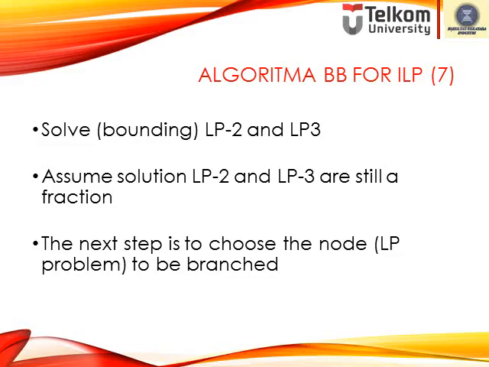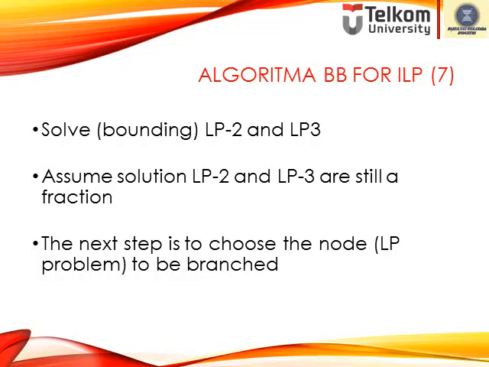Solve or bound LP2 and LP3, and then assume the solutions of LP2 and LP3 are still fractions. You still need to calculate, but if you find the number is already an integer, you can stop and finish your work.